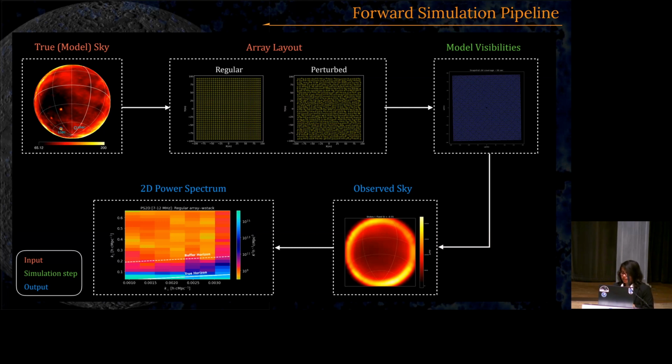Then we simulate a mock interferometric observation that gives us visibilities, which are the fundamental data product for a radio interferometer. Then we see an observed sky, but it's not the same as the input sky, because of the interferometer response. And finally, we have the 2D power spectrum that helps us understand if there are any errors.